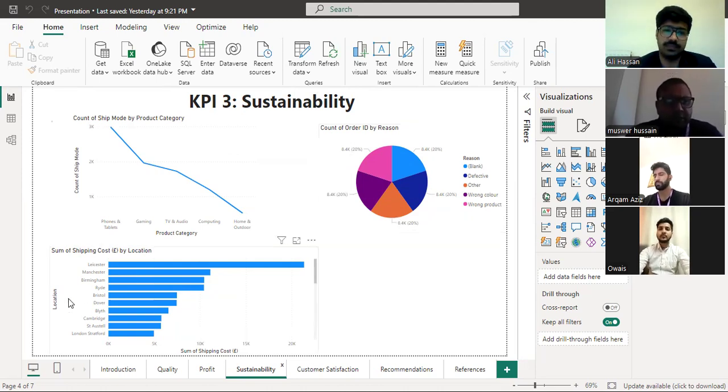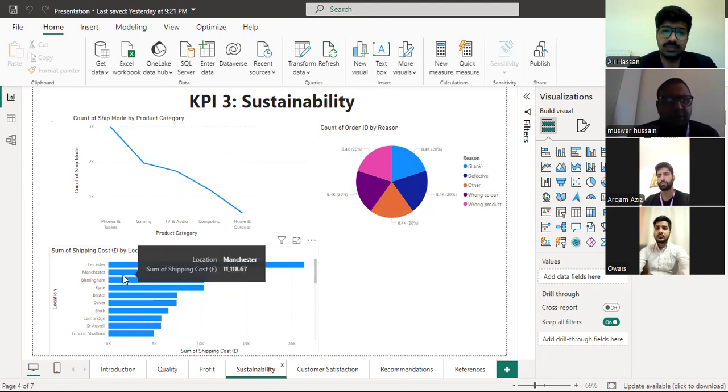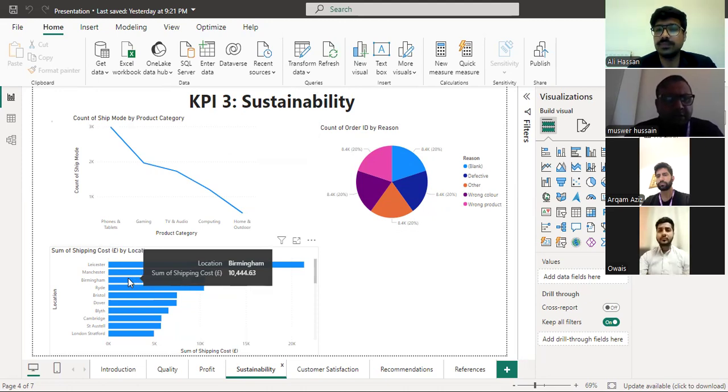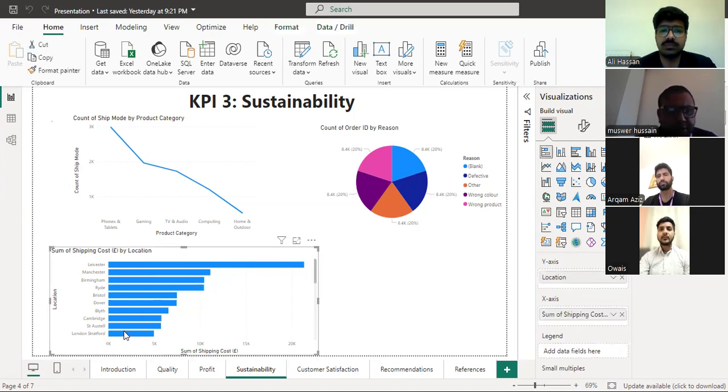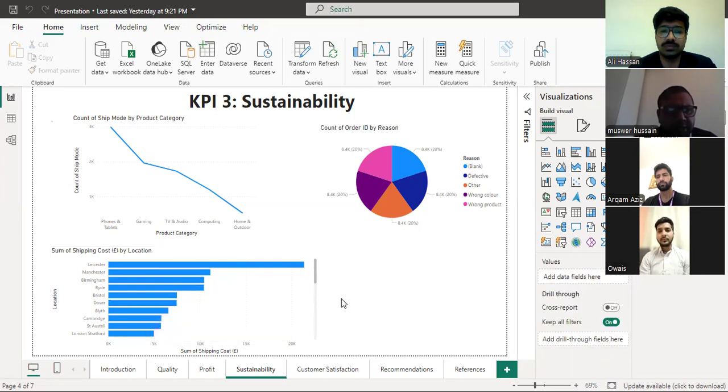The third is the sum of shipping cost in pounds by location. In this graph, I have discussed 10 cities. First is Leicester, with 20K pounds shipping cost, then Manchester, Birmingham, Ryde, Bristol, Dover, Blyth, Cambridge, St. Austell, and London Stratford.